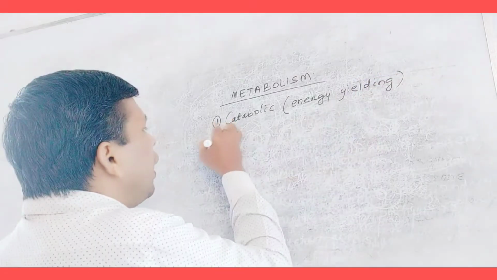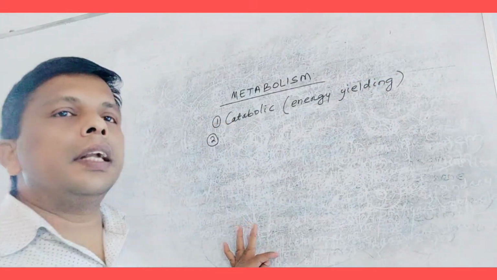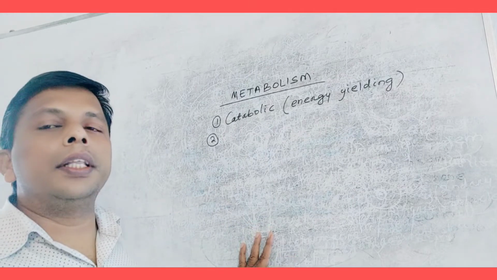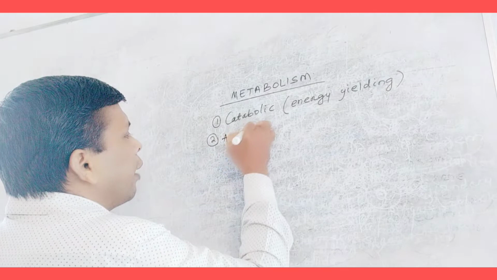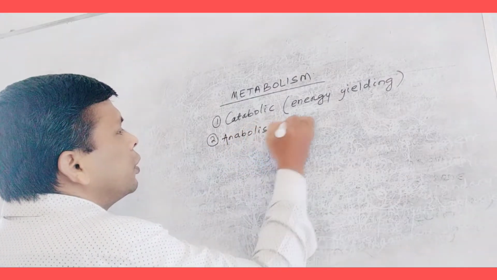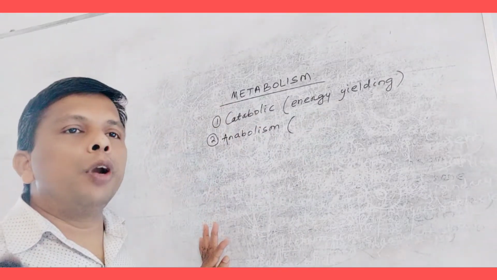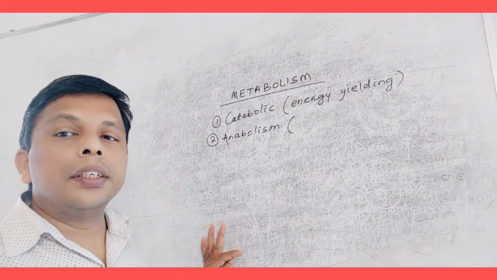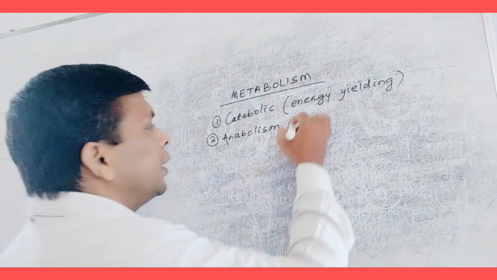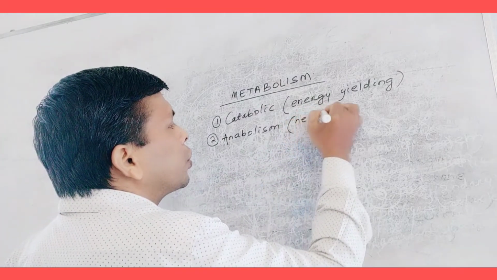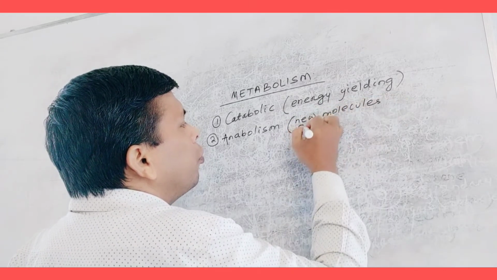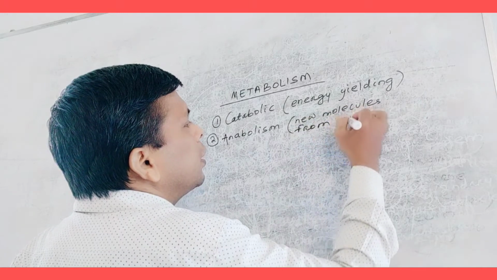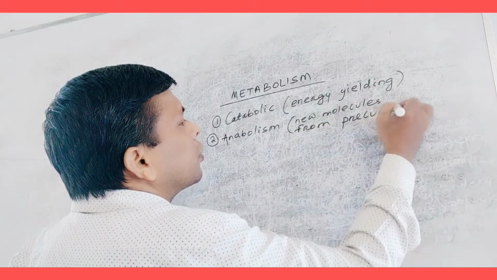The next process is the anabolic process. Anabolism. What happens in anabolism? In the anabolism process, new molecules are synthesized from precursors.